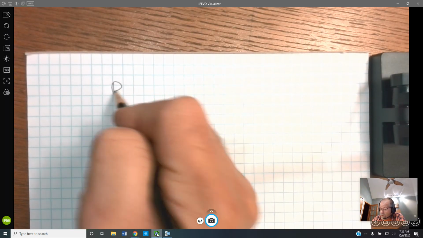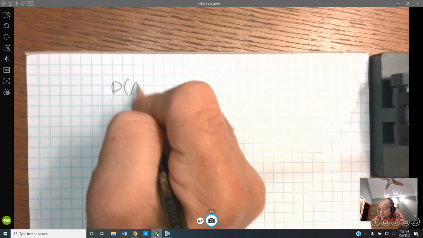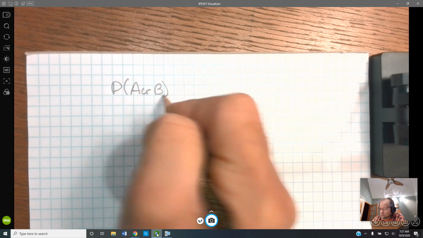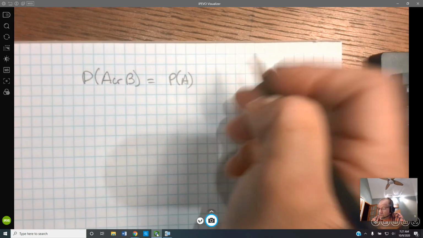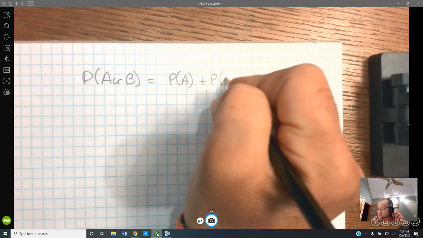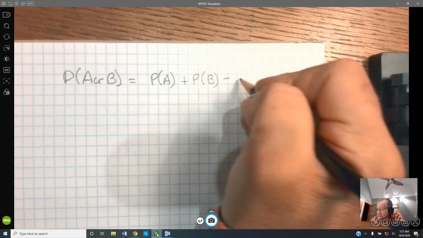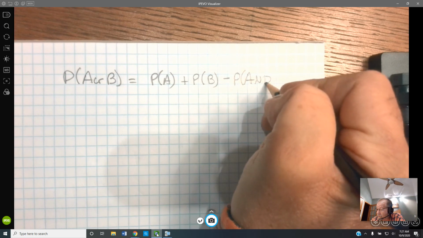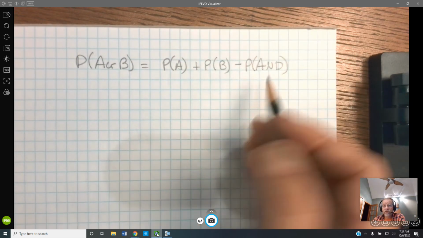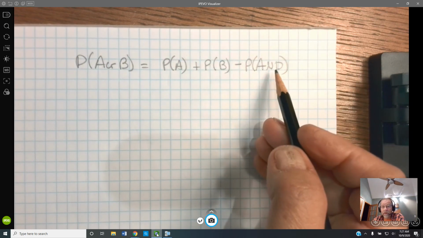So the probability of A or B equals the probability of A plus the probability of B, and remember, we had to take out the double count because it overlapped itself 2 times. It's A and B, but I just wrote A and because we know we took that out.